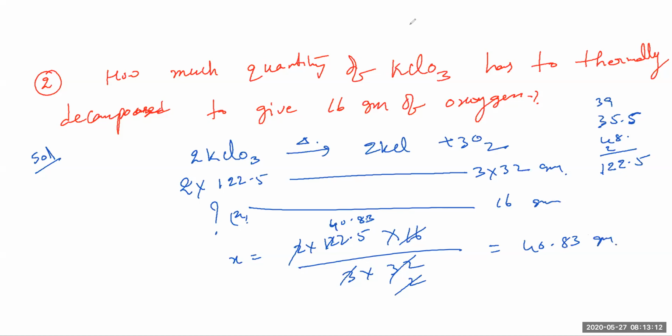What are you saying, anybody? 61? What, Kumar, is 61 right? You check it once. I got only 40.83. Is there any mistake? Yeah, 40.8 is the right answer, no?